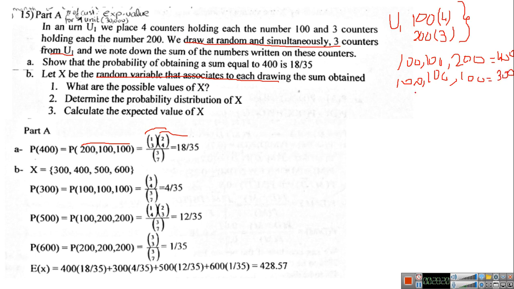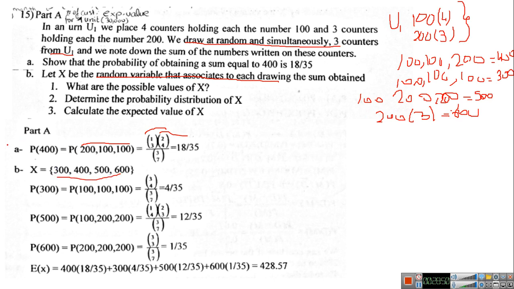Or 200 with 100, 100. Or 100 with 200, 200, this will lead us to 500. Or 200, 200, 200, three times, this will lead us to 600. So what are all the possibilities? Either 300, 400, 500, or 600.